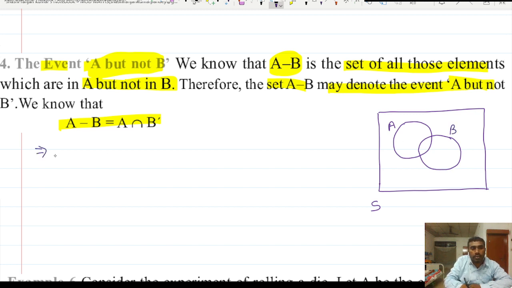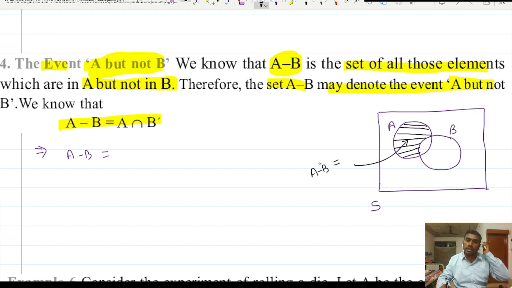A minus B. It means we have to remove all parts of B from A. You can clearly see here, this is the portion you will get. The portion that is present in A as well as in B, we have to remove that one. So this is the part, that is your A minus B.